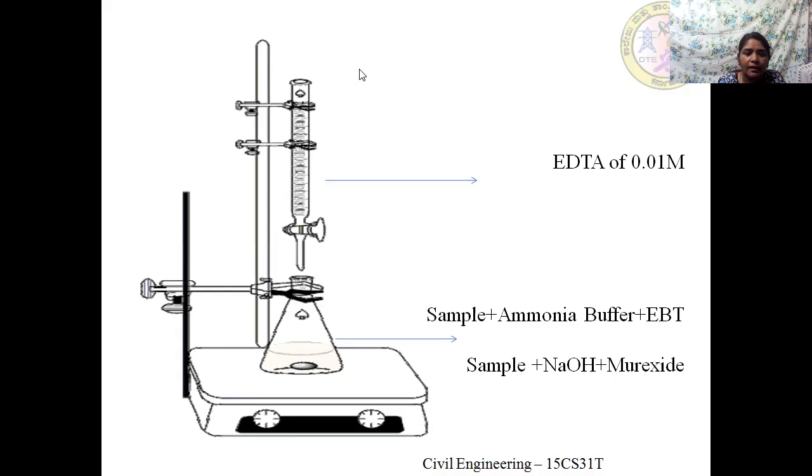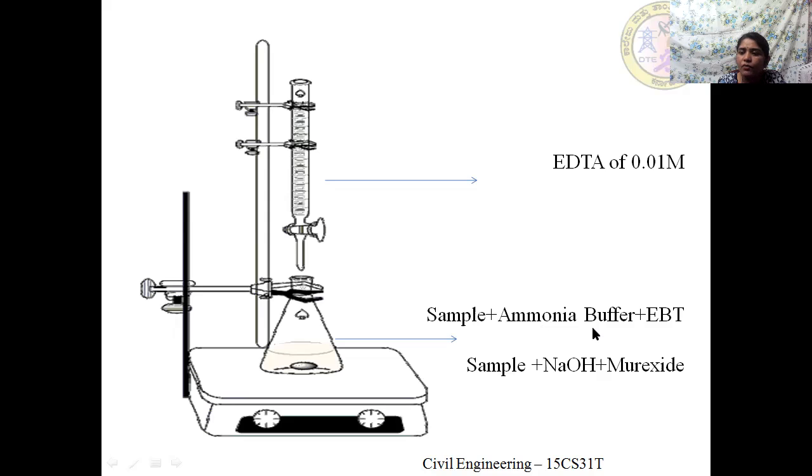You can all see the figure. This is the apparatus, which consists of a conical flask, the burette stand, and the clamps. In the burette, we have EDTA of 0.01 molarity, and in the conical flask, the sample is placed.